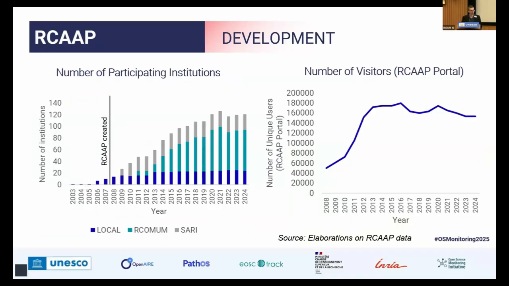The two other types are institutions that benefit from the hosting service by RCAP. On the right side of the slide, you can see the number of visitors to the RCAP portal, with the same type of growth over time. In the recent year, we have about 150,000 users on a yearly basis.